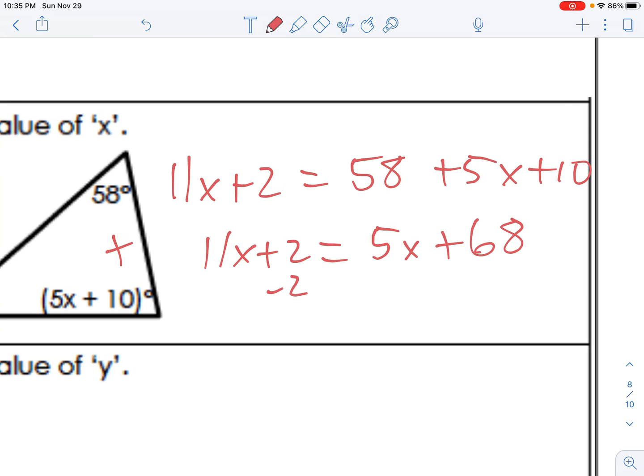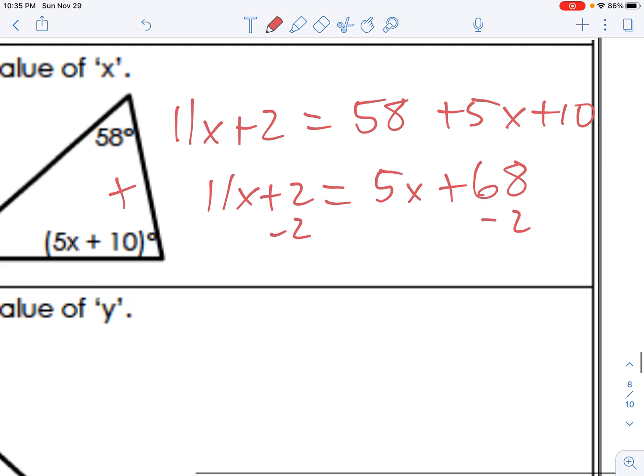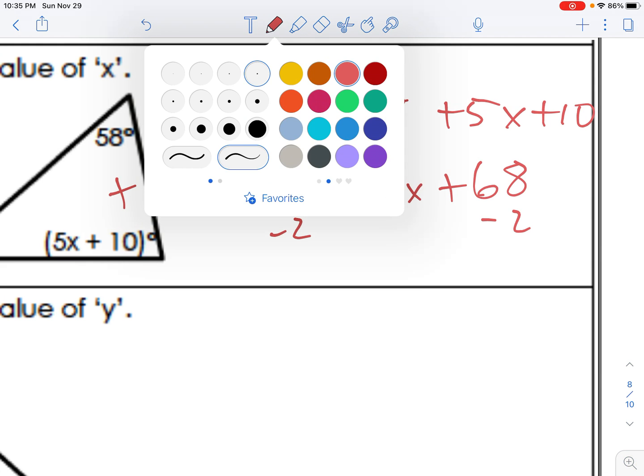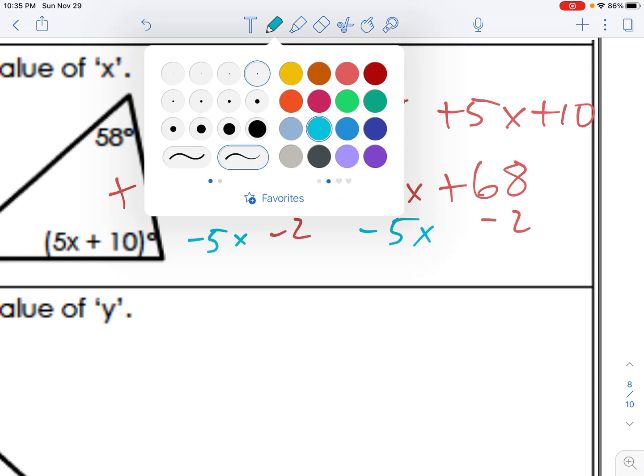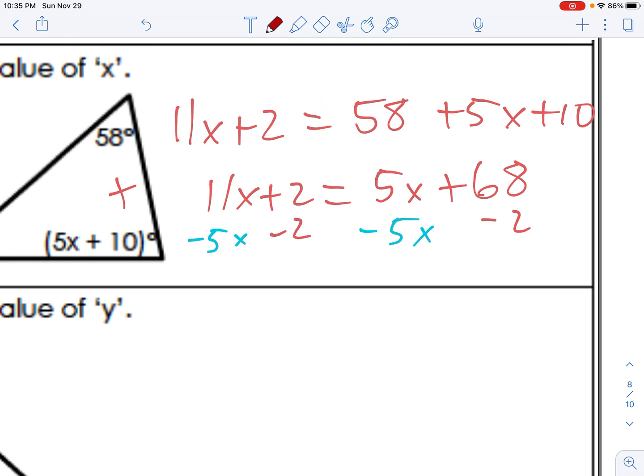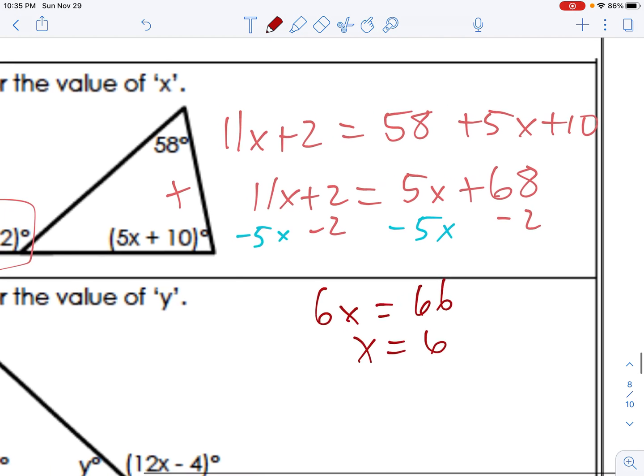Then we can subtract the 2, and at the same time subtract that 5x, saving some steps is all I'm trying to do. So we get 6x is equal to 66, and then x is going to equal 6 when you divide.